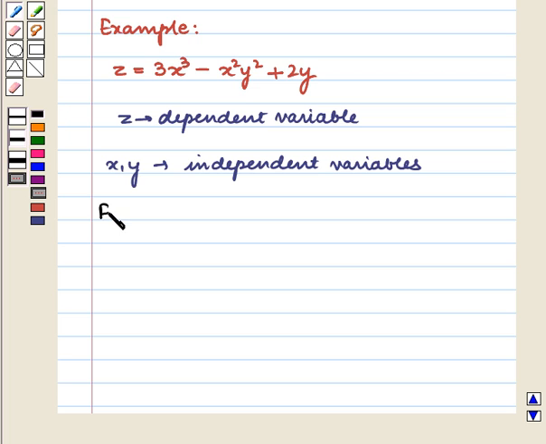We first find the partial derivative of z with respect to x.